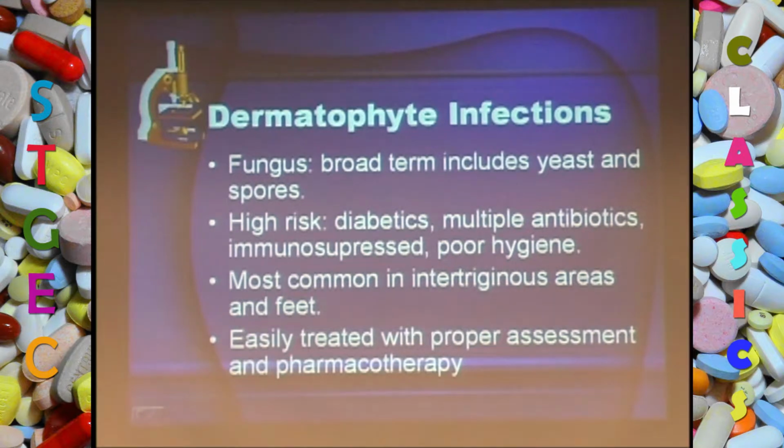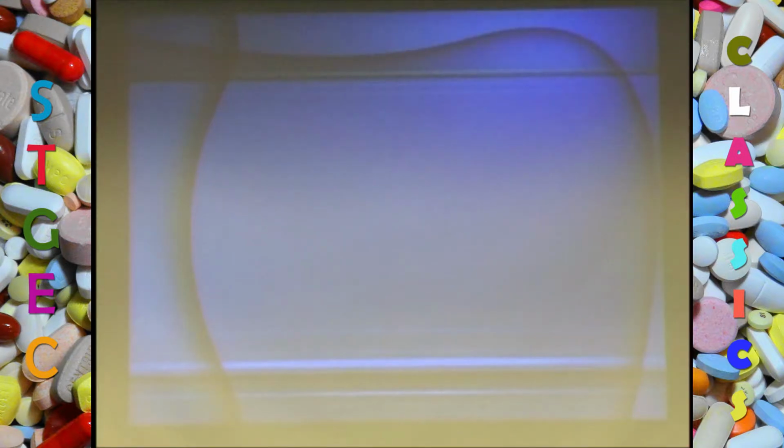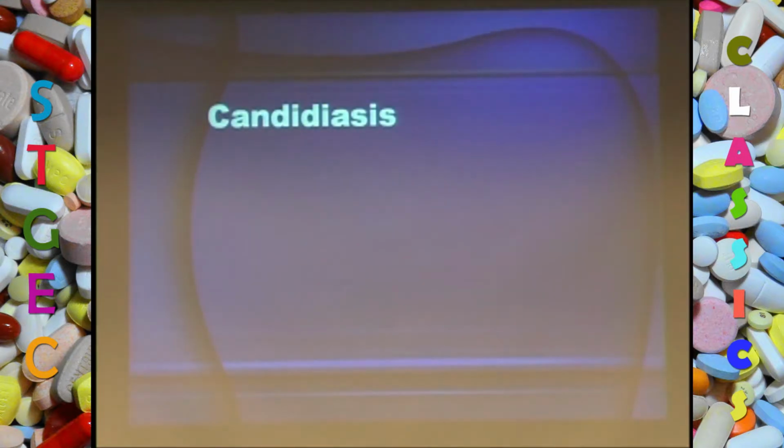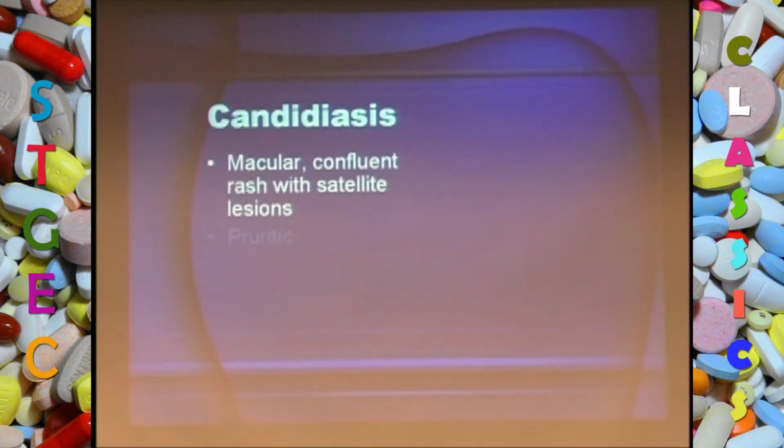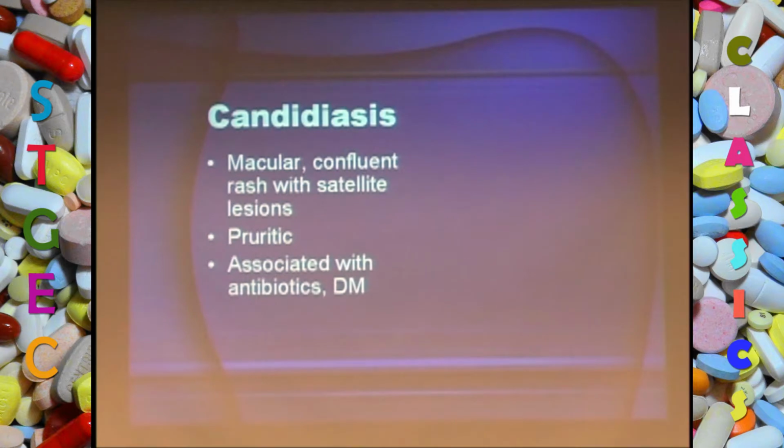The dermatophyte infections in general, as aesthetically unappealing as they may be, are generally very easy to treat, most of which will respond to topical treatment, with the exception of fungal infections of the nail that need to be treated with oral antibiotics.